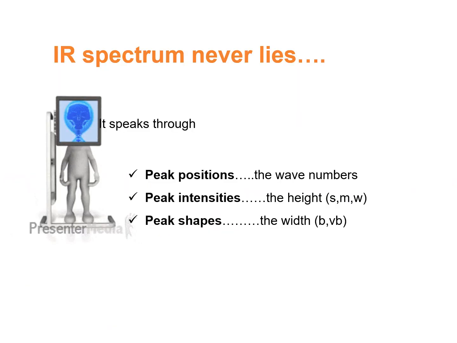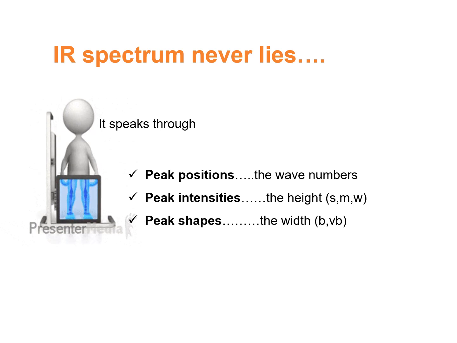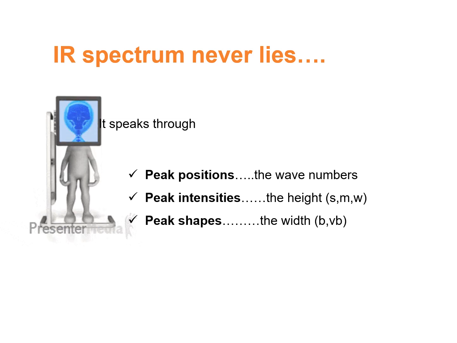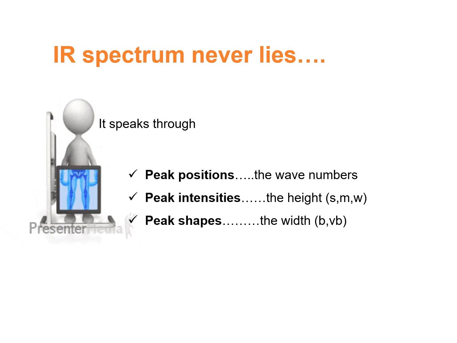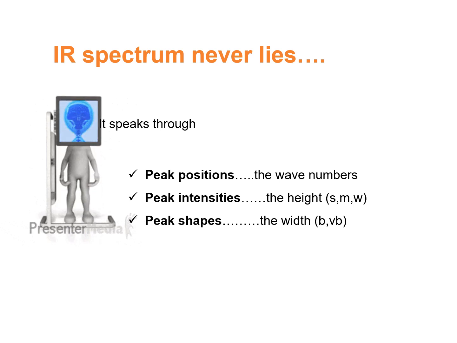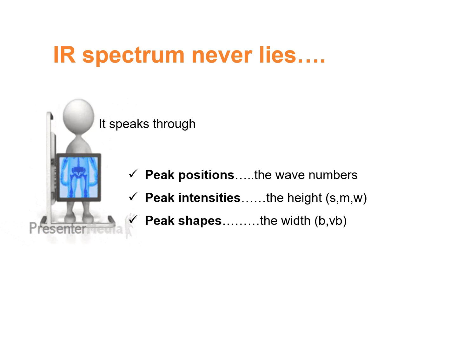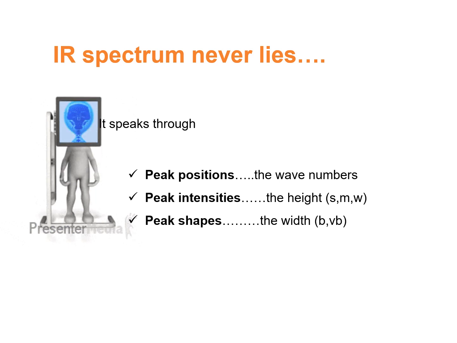What role IR spectrum has to play? If you know the drug, then IR serves for identification. Every pharmacopoeia mentions infrared spectrometry as the first and foremost identification test which cannot be substituted by any other analytical technique.